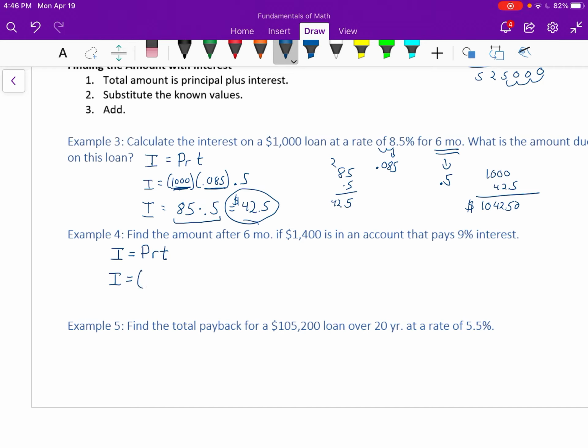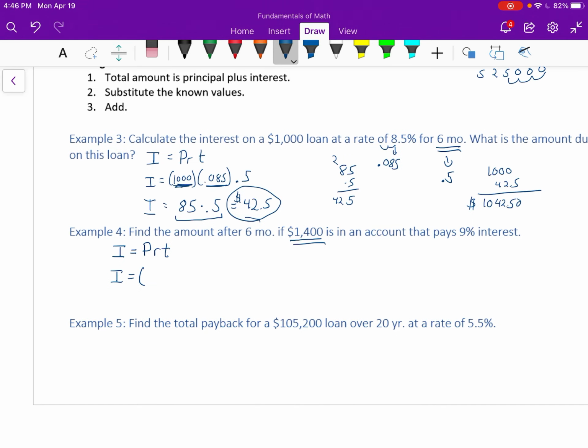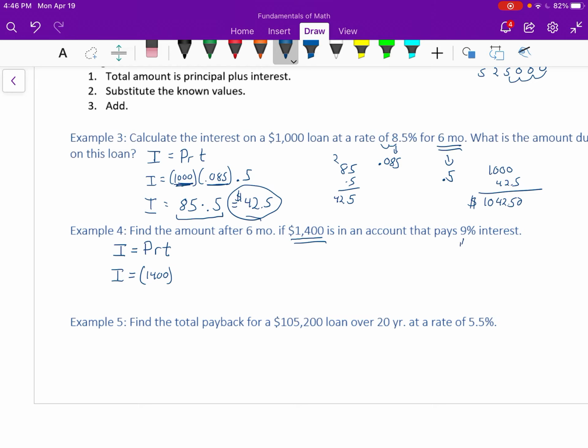So our principal is the amount that is going in. That is 1,400. The rate is the percent. We write that as a decimal. That is 0.09. And 6 months. Well, what is 6 months in years? That is half a year.